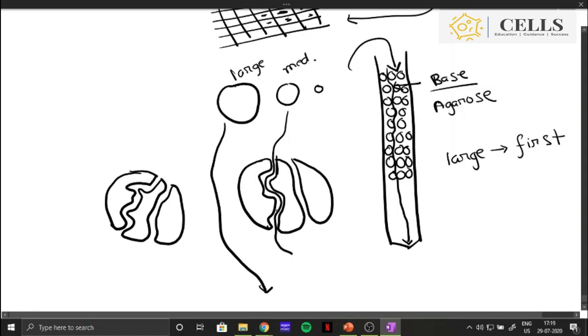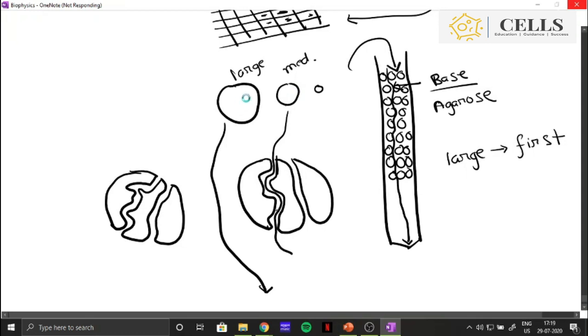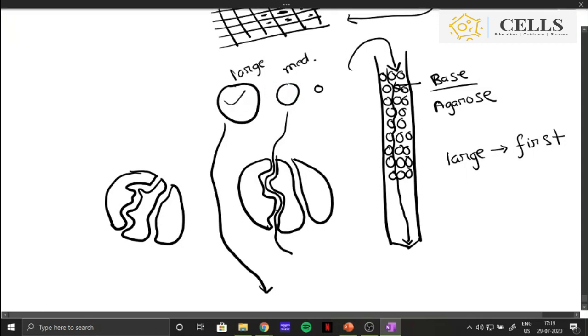This happens continuously from top to bottom, so it travels more distance than the large one. So the large one elutes first because it is not entering any pore, it is taking the shortest route. But the medium one is entering the pores, taking a slightly longer route, and exiting in the middle.